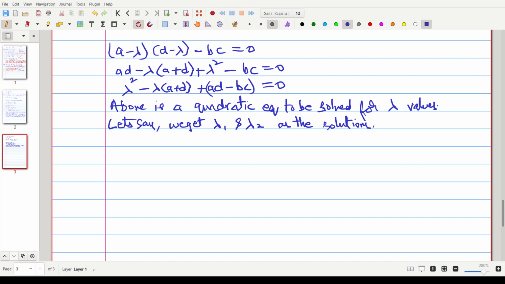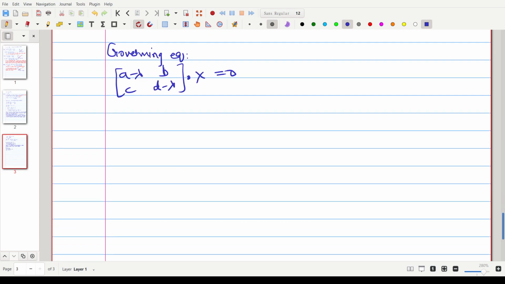So the governing equation is this again: A minus lambda, B, C, D minus lambda times the x equals 0.